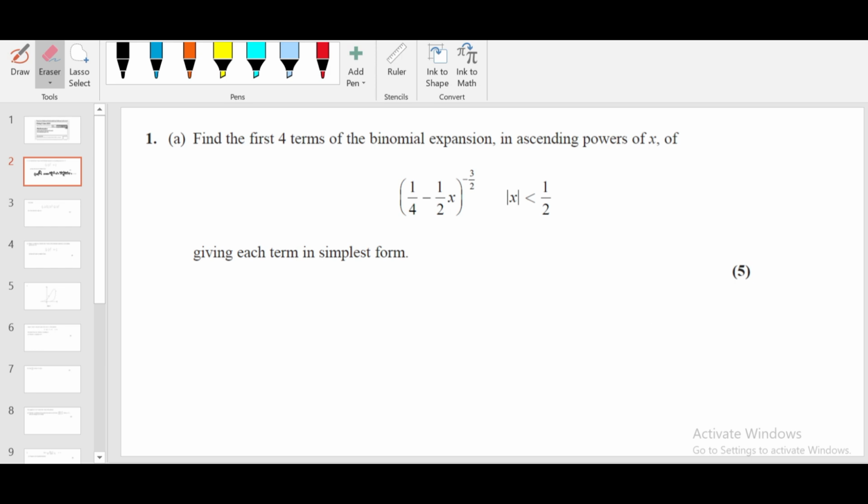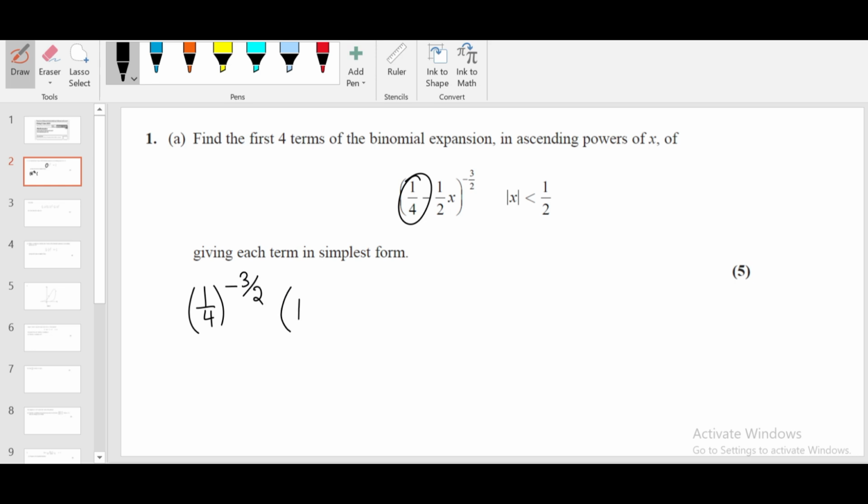To apply the binomial expansion, first we need to get rid of this first term. So I'm going to take the 1 over 4 outside as a common factor. When I take 1 over 4 outside, it will come together with the power. So the first term becomes 1. The second term becomes, you need to multiply by 4, 4 over 2 is 2x. If you don't understand the step, try to multiply both terms by 1 over 4. 1 over 4 times 1, you will get the first term. 1 over 4 times minus 2x, you will get the second term.